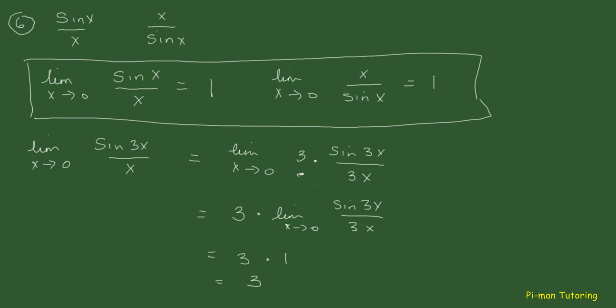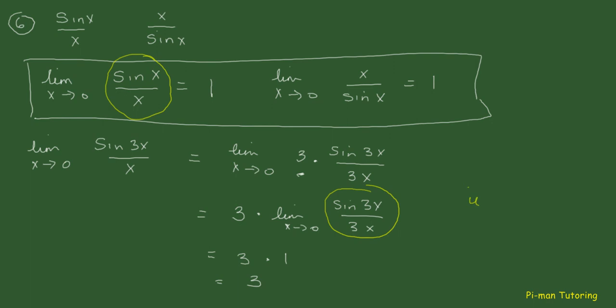Because this expression here is the same as this expression here, except that we've substituted 3x for x. And as 3x tends to 0, x tends to 0, so there's no difference in the limit value.